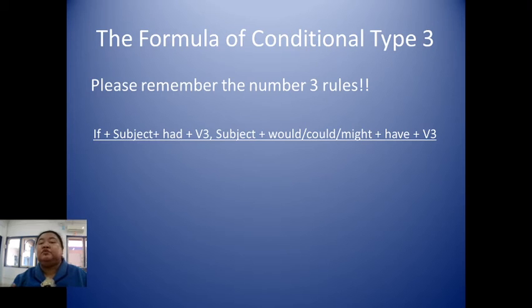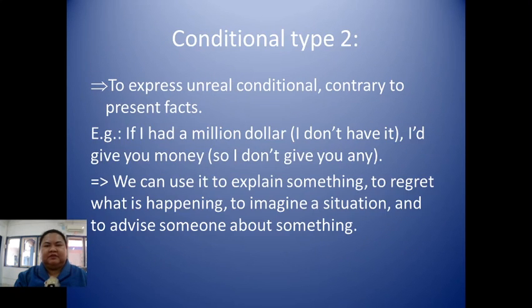Yes, you can use any of them. And then you go with have. Then you will use verb 3 at the end. Okay, so remember these rules because sometimes, somehow, some of you try to eliminate the have part. I don't know why.